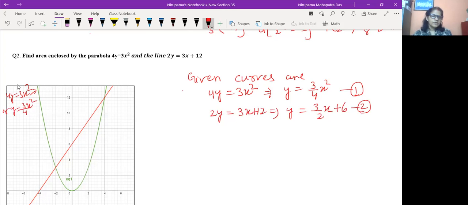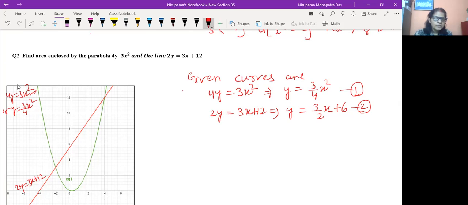So this line is basically 2y equal to 3x plus 12. You can clearly see the way to draw the line, right? Here I have used the GeoGebra software, otherwise you can do the freehand graph. We really have to draw the rough sketch in the exam.